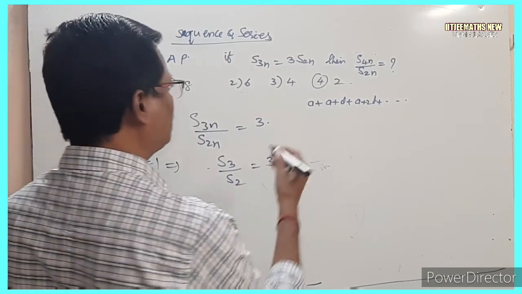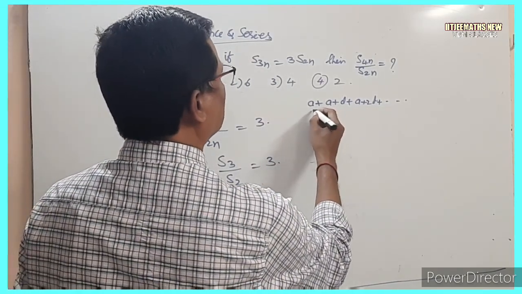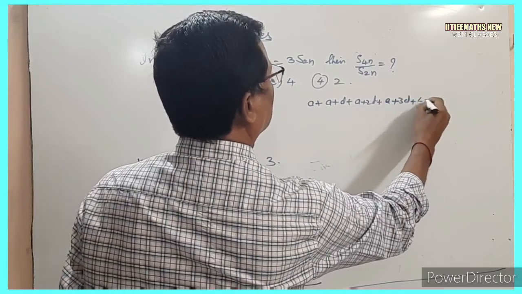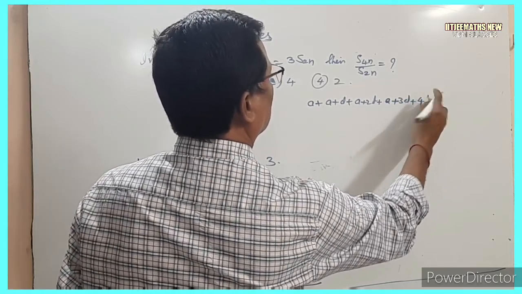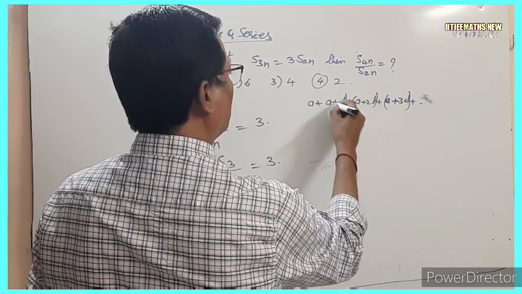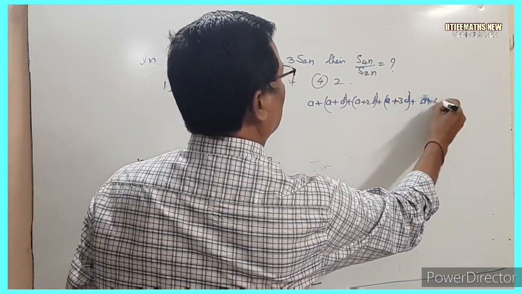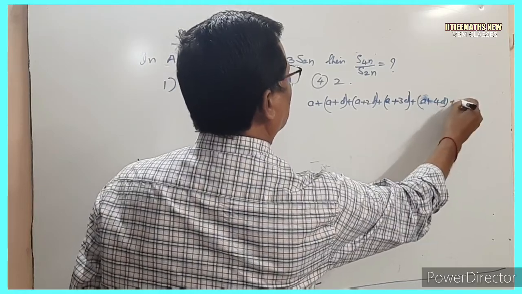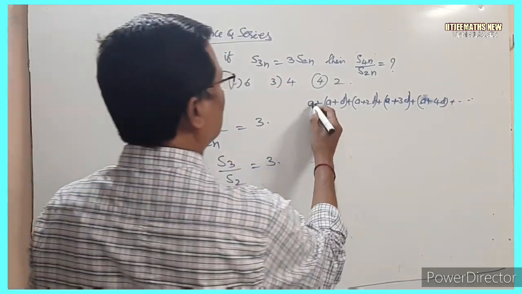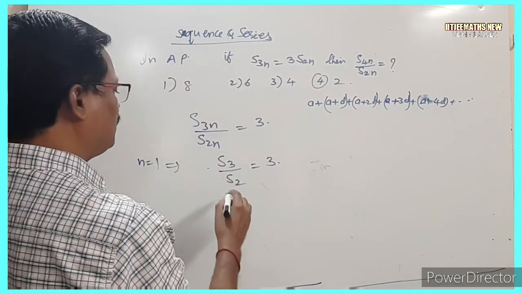What is S3? Sum of the 3 terms. Now S3 means sum of the 3 terms, that is 3a plus 3d.